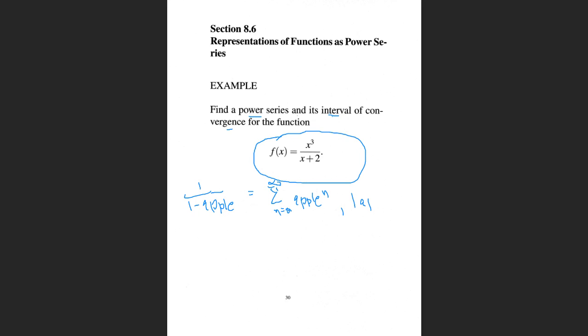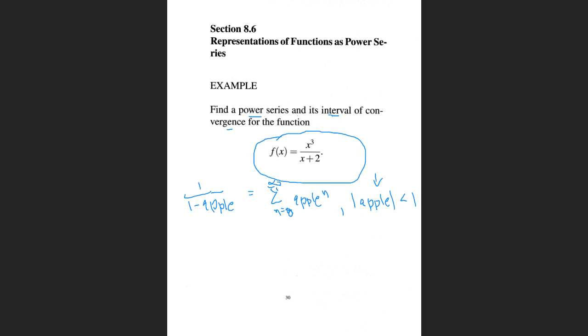A geometric power series only converges when the absolute value of the common ratio is less than 1. You don't need to test the endpoints for section 8.6 problems for your interval of convergence, because that power series is a geometric series.